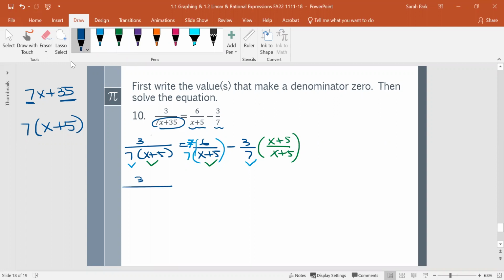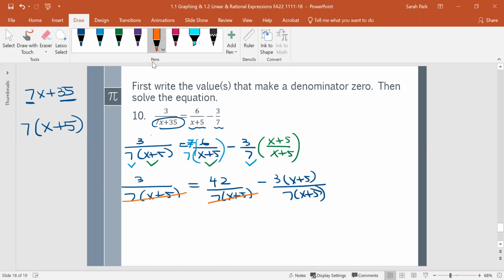Okay, so now what do we have? We got 3. We got 7 times x plus 5. We got 7 times 6 up top, so that's 42, and then 7 times x plus 5 on the bottom. We got minus 3 times x plus 5, and then 7 times x plus 5 on the bottom. Voila, we got denominators all 7 times x plus 5. We can knock them out, bring down what's left over. We got 3 equals 42.